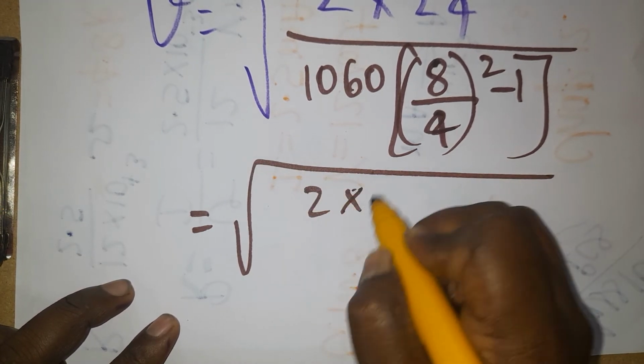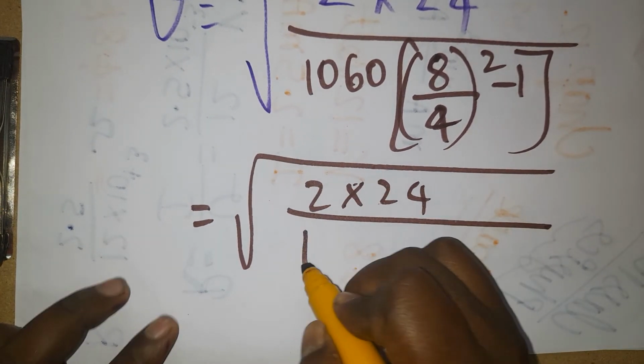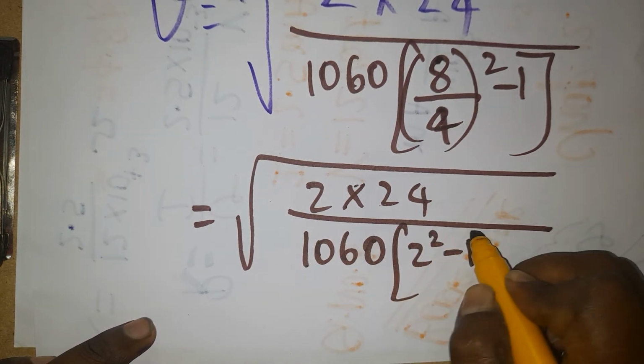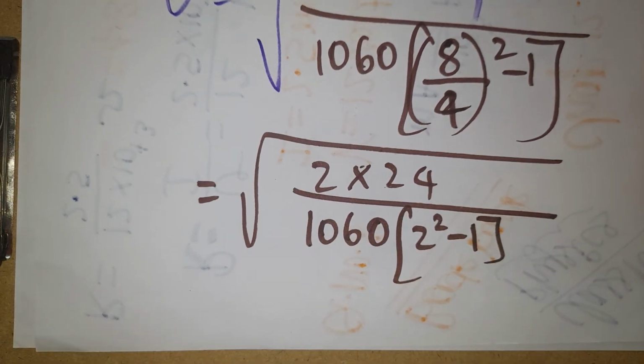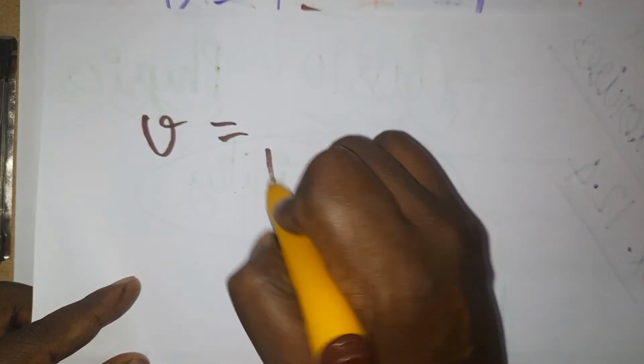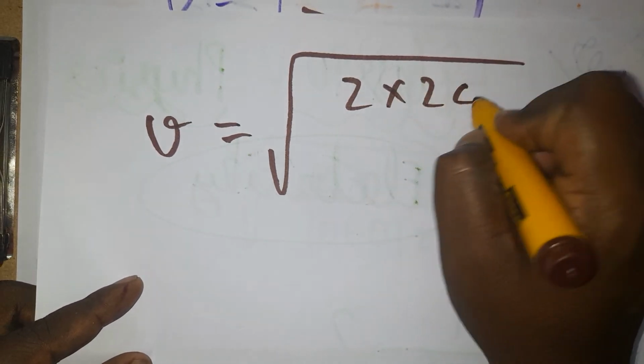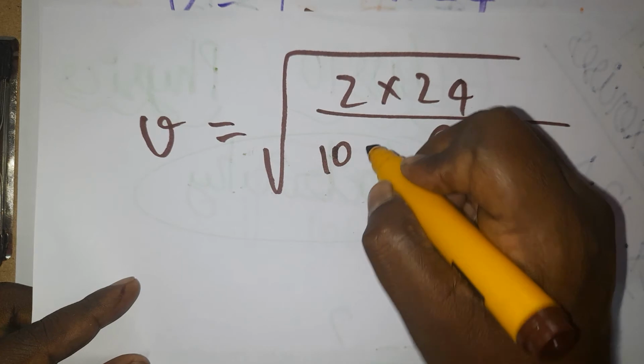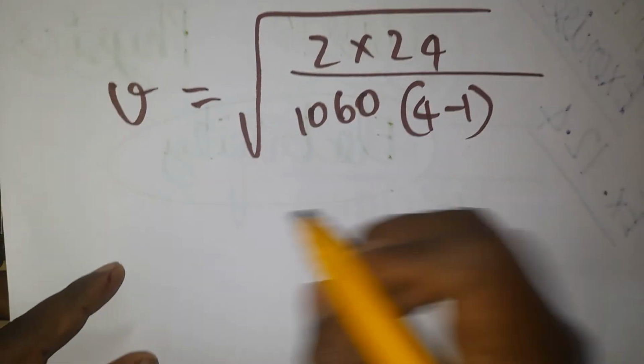You can do it slowly and get the exact answer. So 2 whole square minus 1. 2 whole square is how much? It's 4 minus 1, which is 3. So velocity is equal to root of 2 into 24 divided by 1060, into 4 minus 1, which is 3.